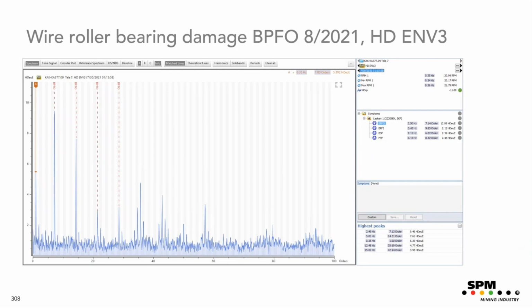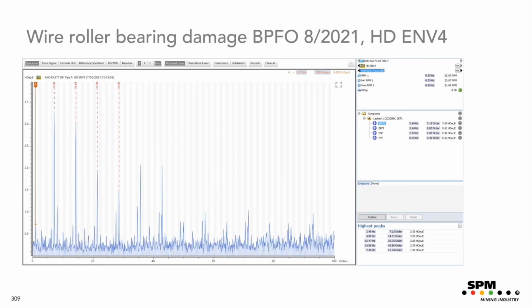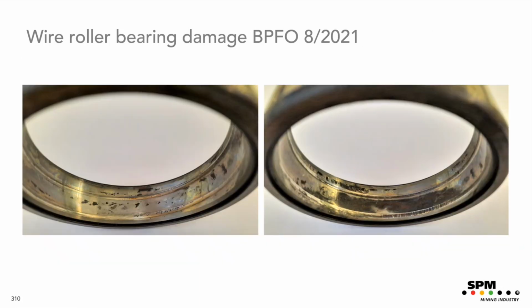Also very nice, crisp and clear results. Filter 4, same thing. Here we have minimum RPM 20 RPM and the maximum RPM is 21.7. That was the RPM fluctuation during the data acquisition. That's how the bearing looks like.